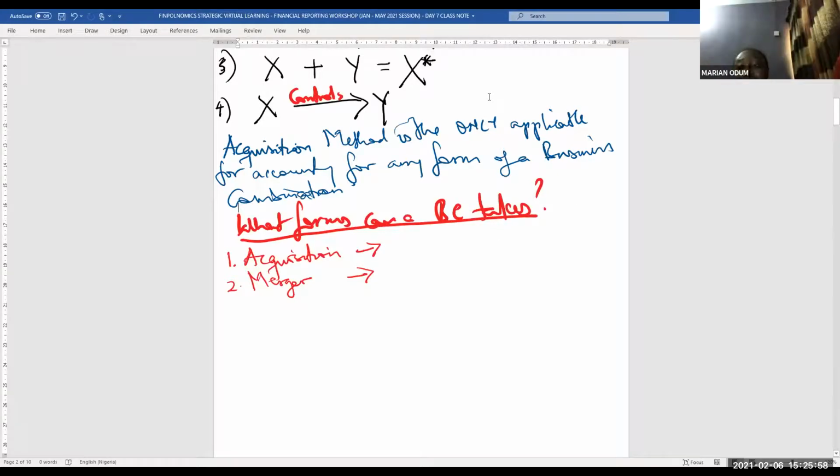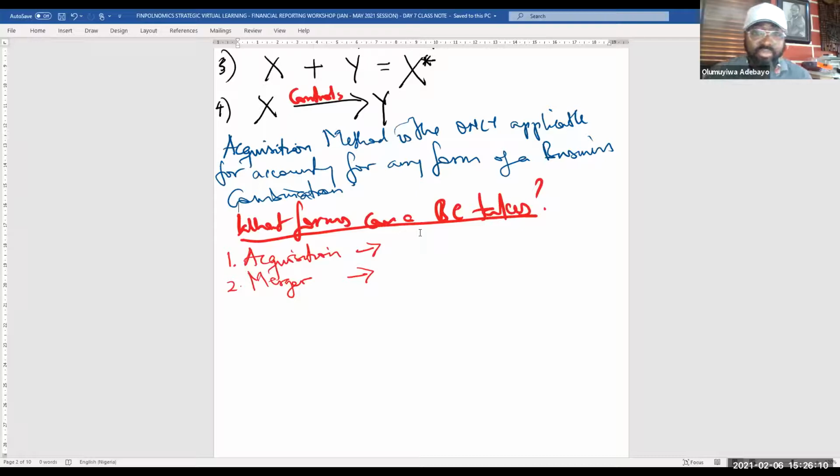Okay. Anybody that wants to say something, use the practical example I've given you in those two instances to distinguish between the two in a real sense with respect to business combination.